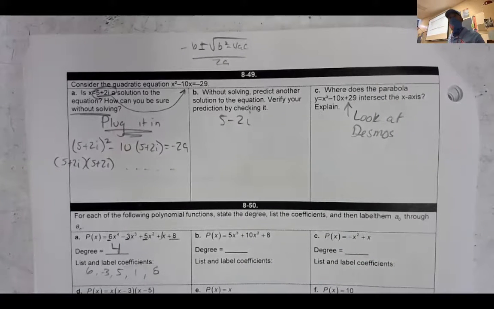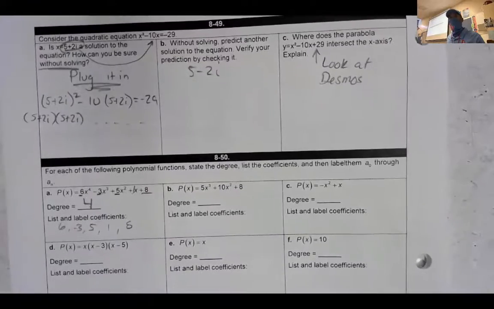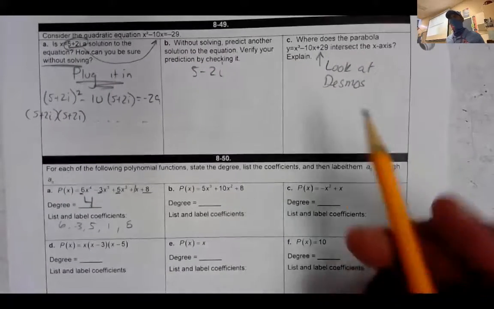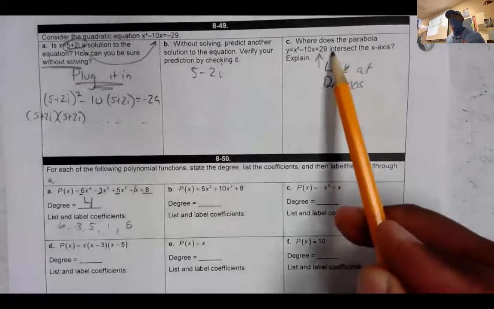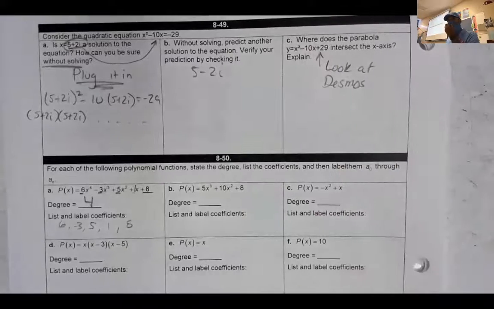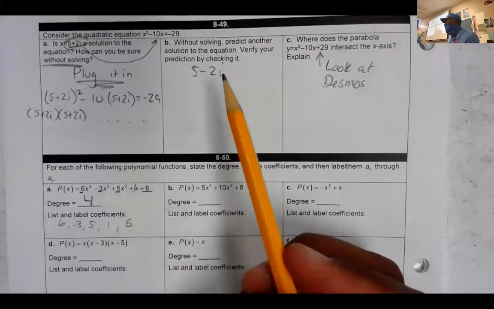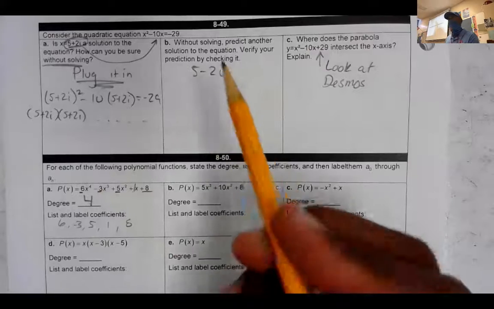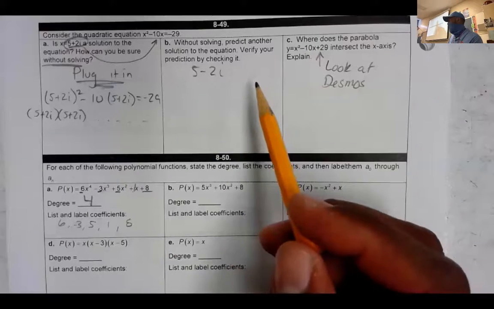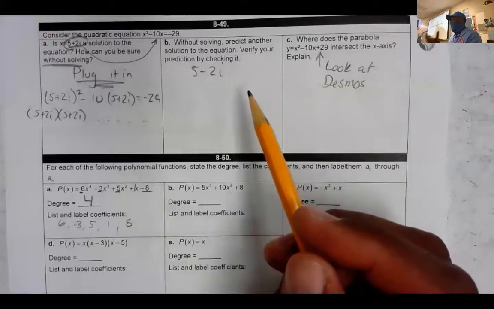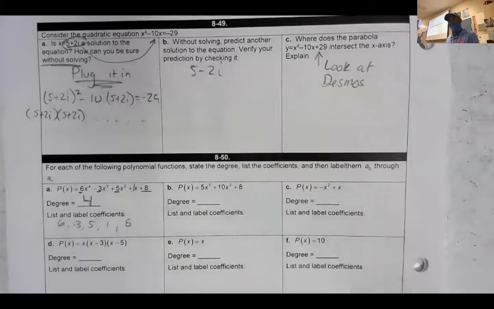Graph that in Desmos and see what you get. See if you can use that to explain where this crosses the x-axis. Because if it has a solution, then you would think it would cross, but just remember these are complex numbers. So it may or may not cross the x-axis, okay?